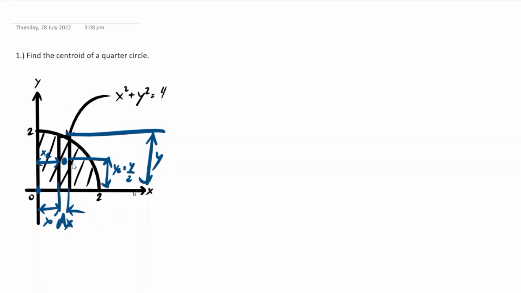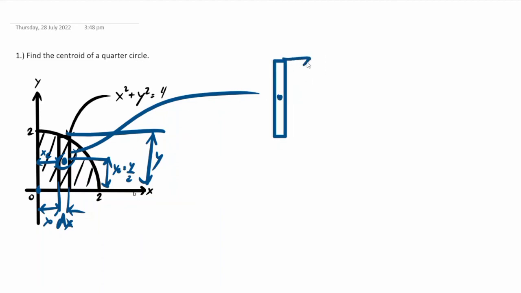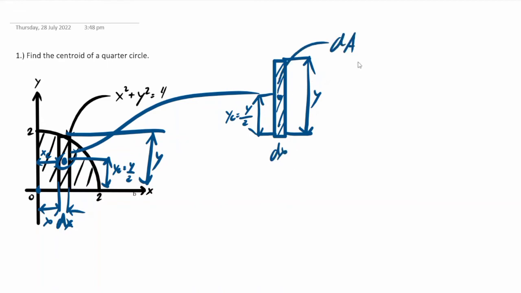Now, first let's bring out the strip. We have here a strip, and this is our centroid. The distance from the top to the bottom of the strip is our y, and the distance from the center to the bottom of the strip, or you can also use the top, but let's use the bottom, is y over 2, or yc equals y over 2. There. Now this is our dx, our width, and the center is our dA, or differential area.